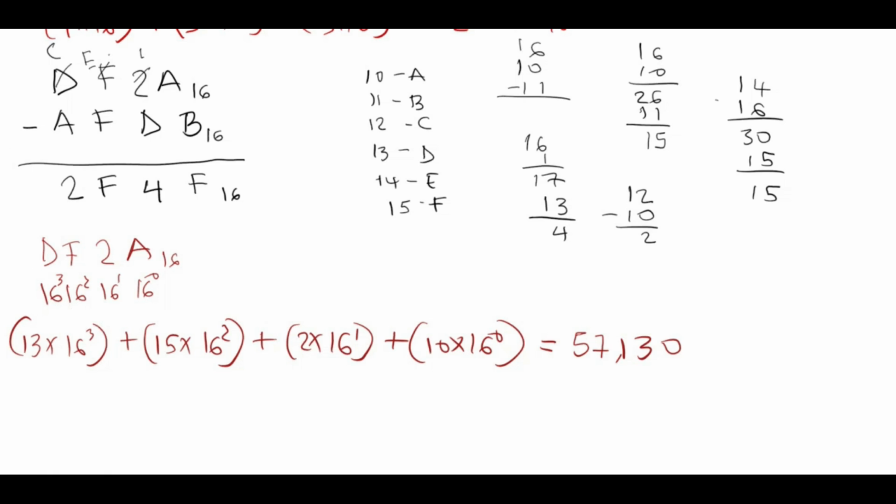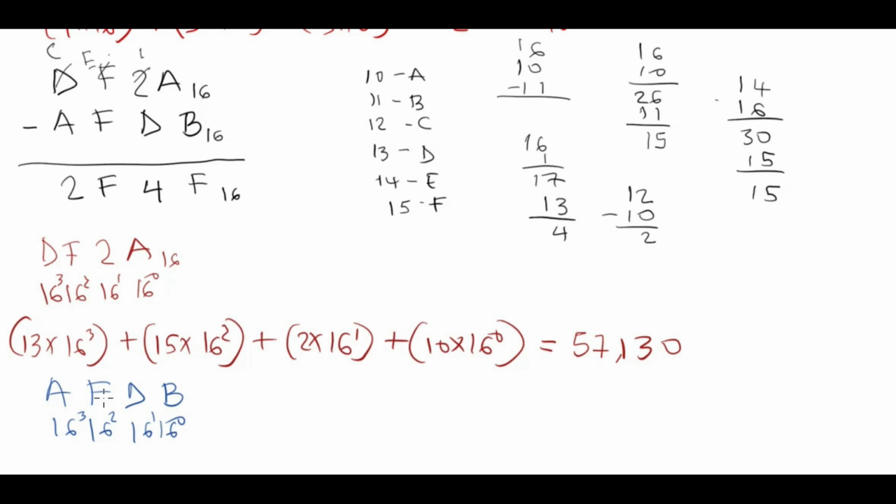So let's move to AFDB. So this is 16 power 0, 16 power 1, 16 power 2, 16 power 3.